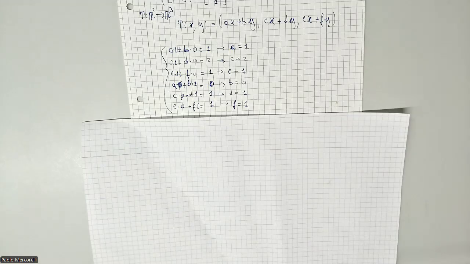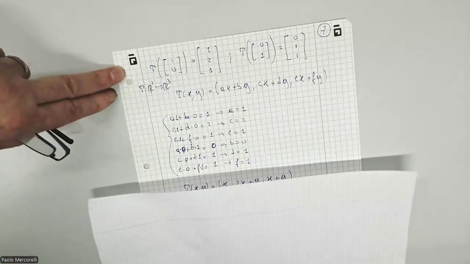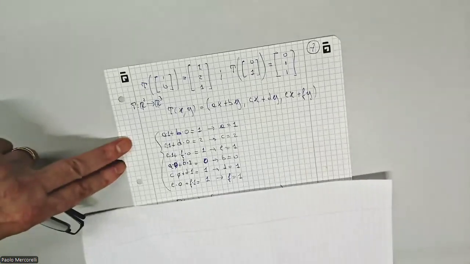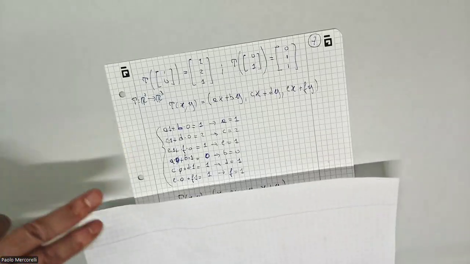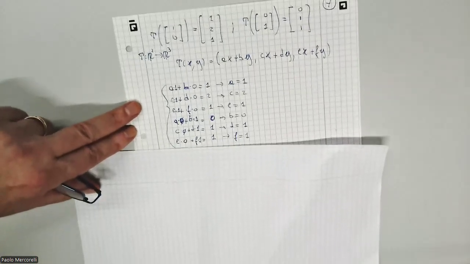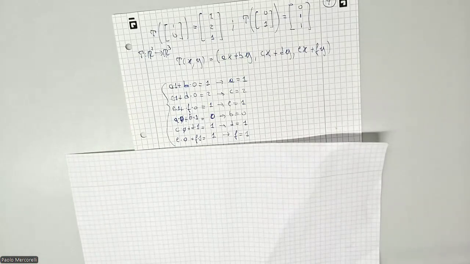Then look, how I can interpret this. First line, X equal 1 and Y equal 0 in the domain.